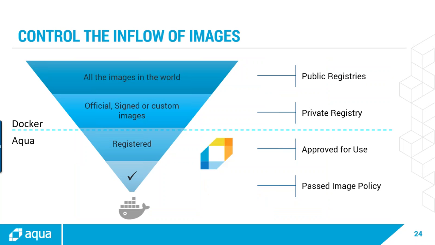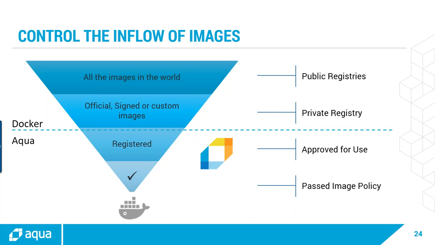So if we look at how container images are managed, there's the whole world, and a public registry like Docker Hub is representative of that. Last I heard there were more than 600,000 images on Docker Hub. It may have passed 1 million since.